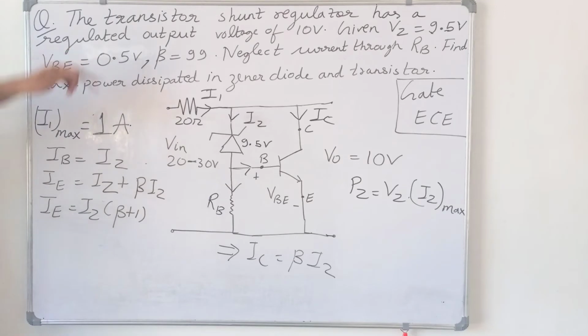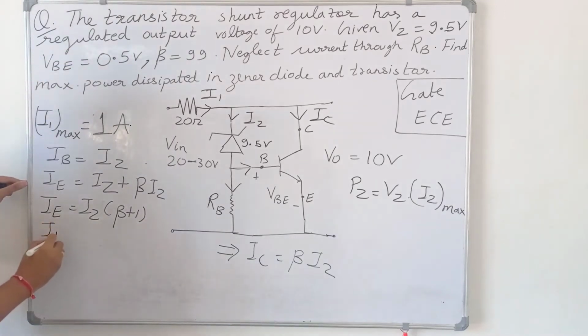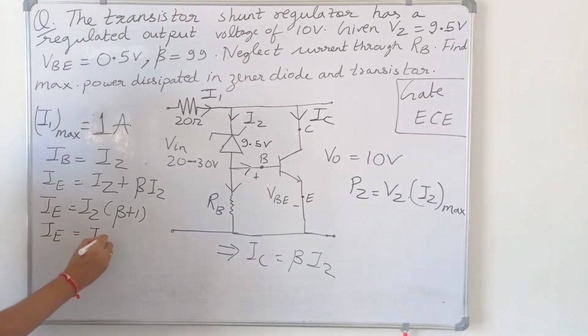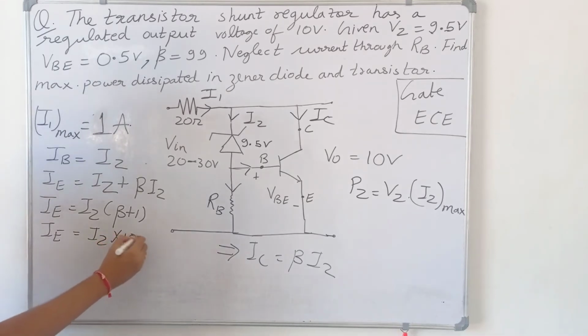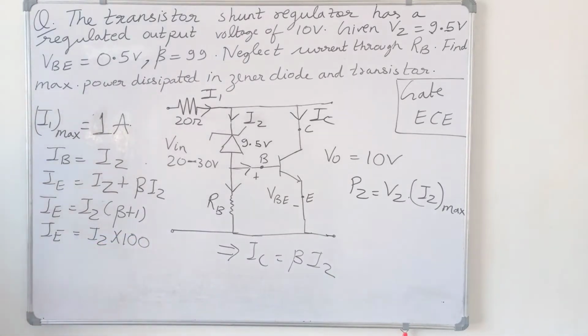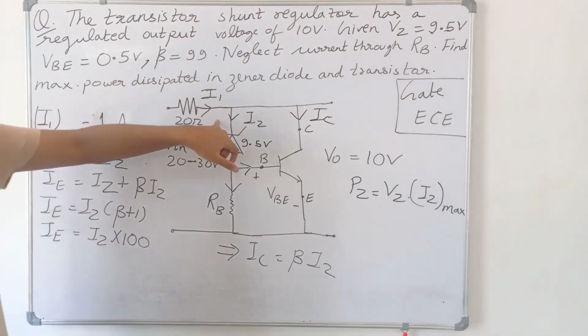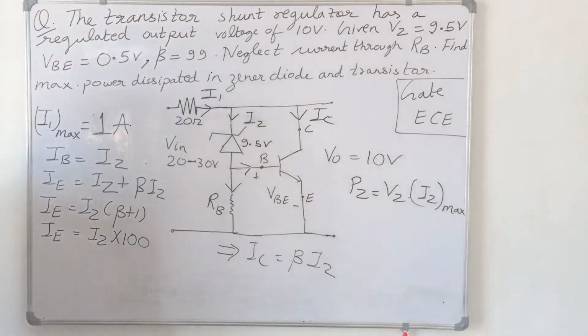The value of beta is given as 99, so IE is equal to IZ into 100. And from the figure, IZ plus IC is equal to I1.